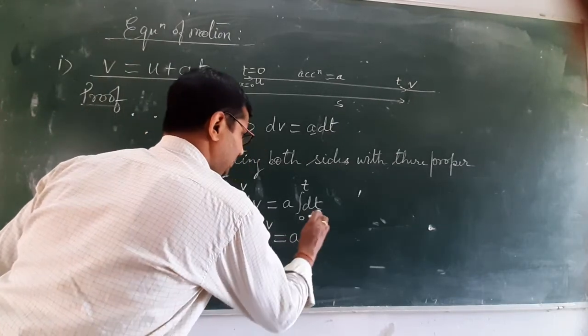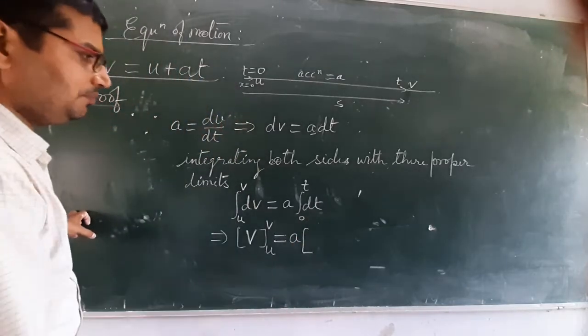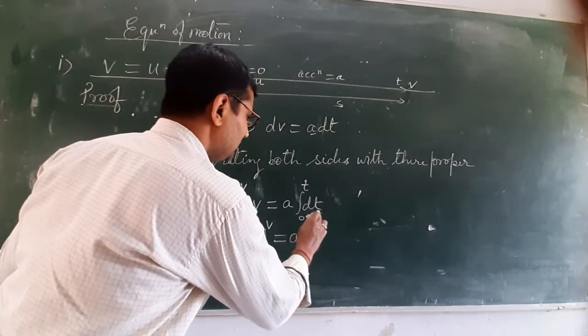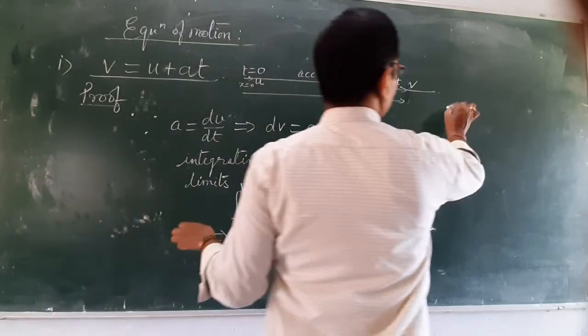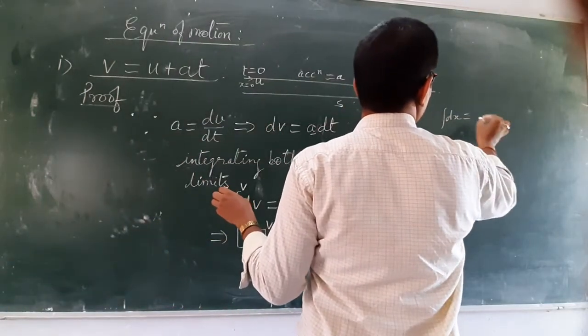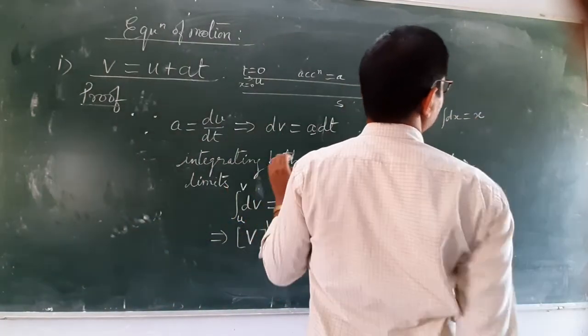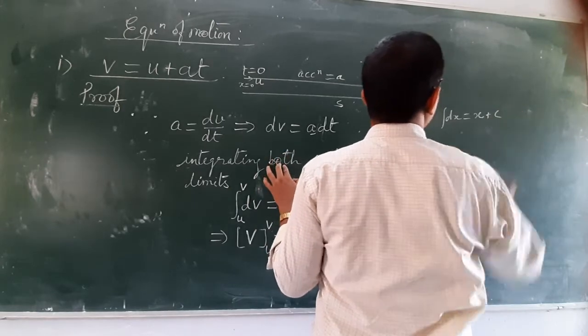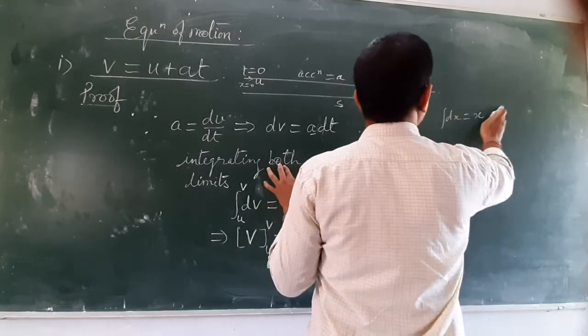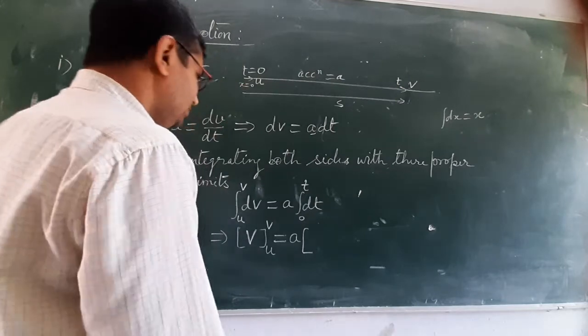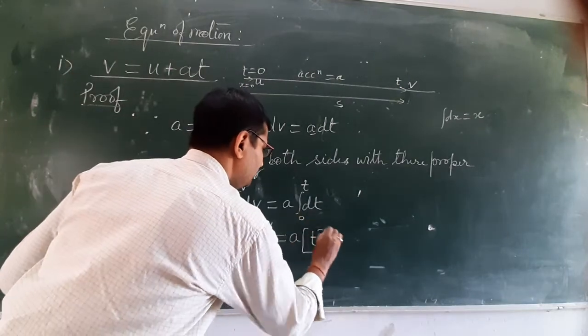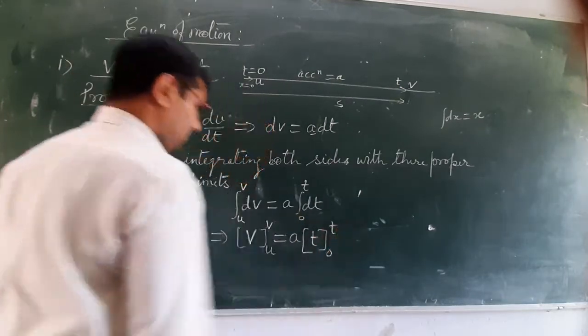Again integration of dt is of the form of integration of dx. Actually it is x plus c, but in case of definite integration it is x. So integration of dt is t from 0 to t.